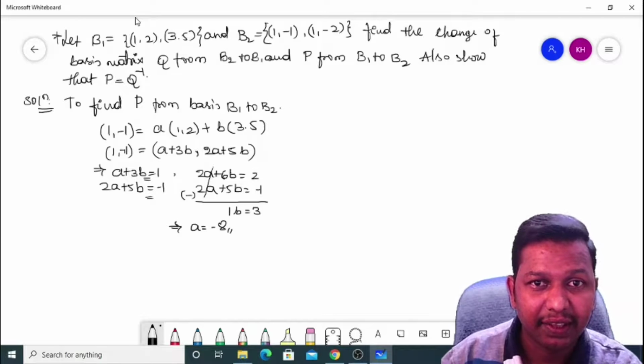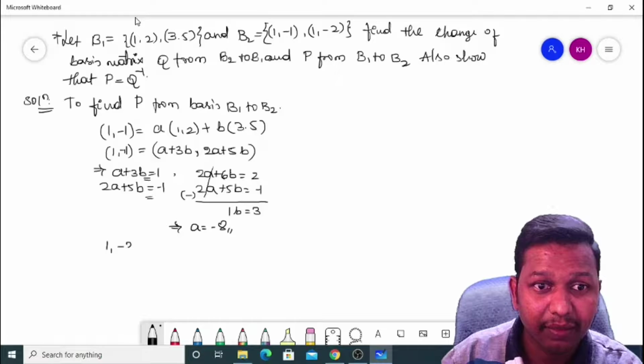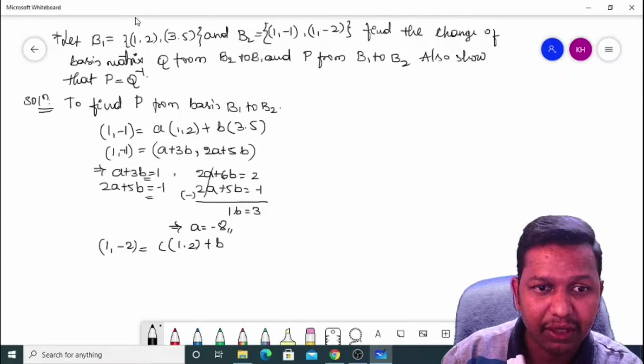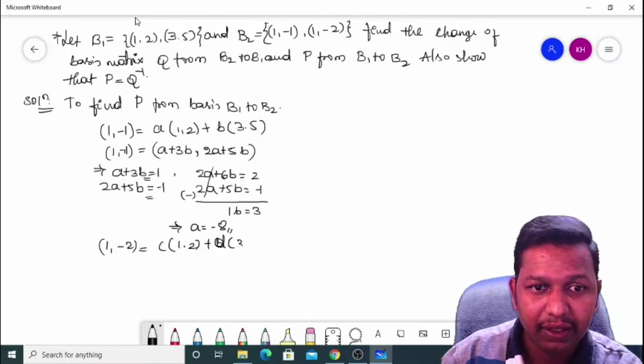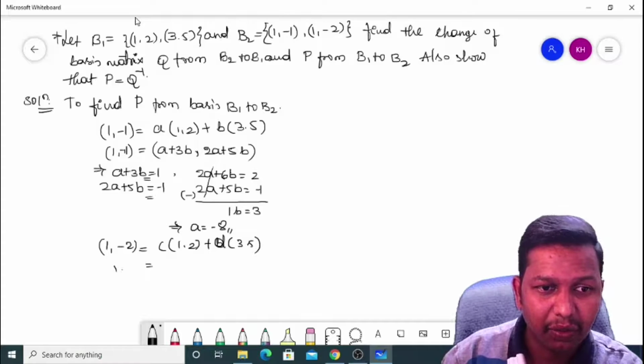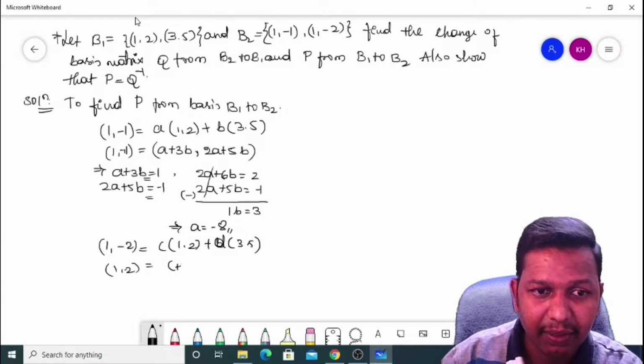Similarly, come to the second element, that is (1, -2) is equal to C into (1, 2) plus D into (3, 5), which is equal to (C plus 3D, 2C plus 5D).